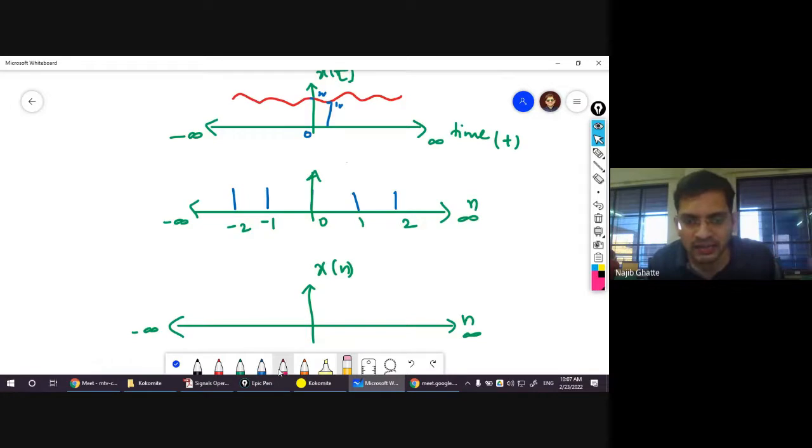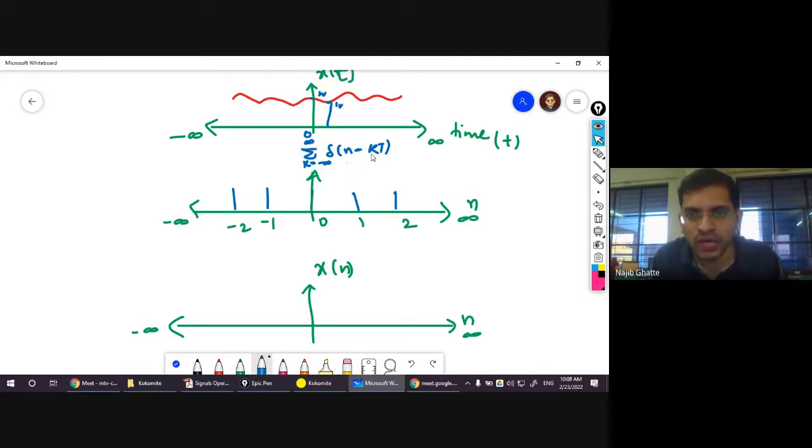So I'll be writing it in this form. A comb function is given by the summation of delta of n minus kT, where k goes from minus infinity to plus infinity.